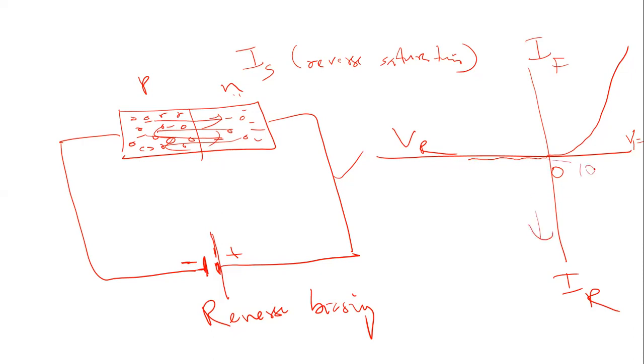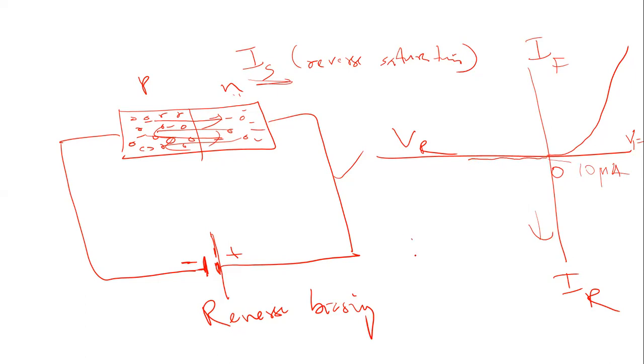It will be around 10 microampere or something like that, a very small current. So the current cannot be increased beyond 10, 15, 20 microampere under reverse bias, because the minority charge carriers which contribute to this reverse saturation current are very few.